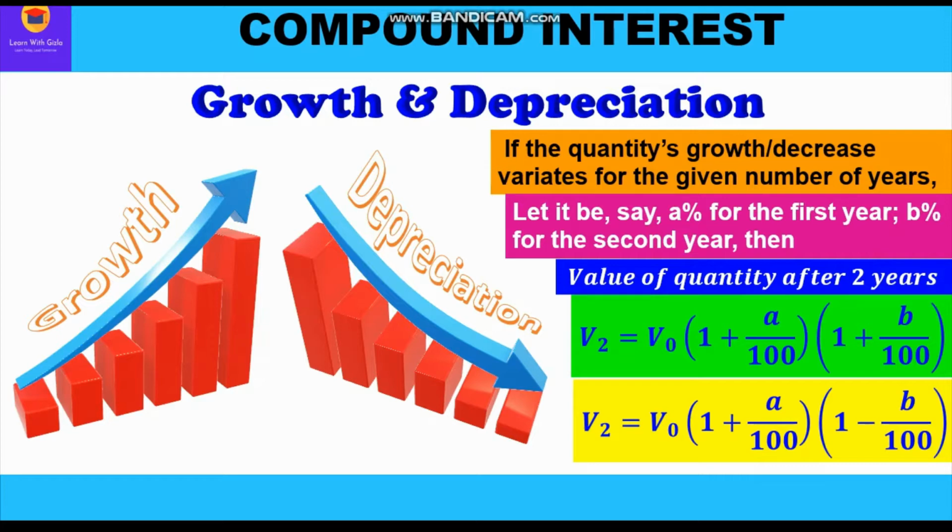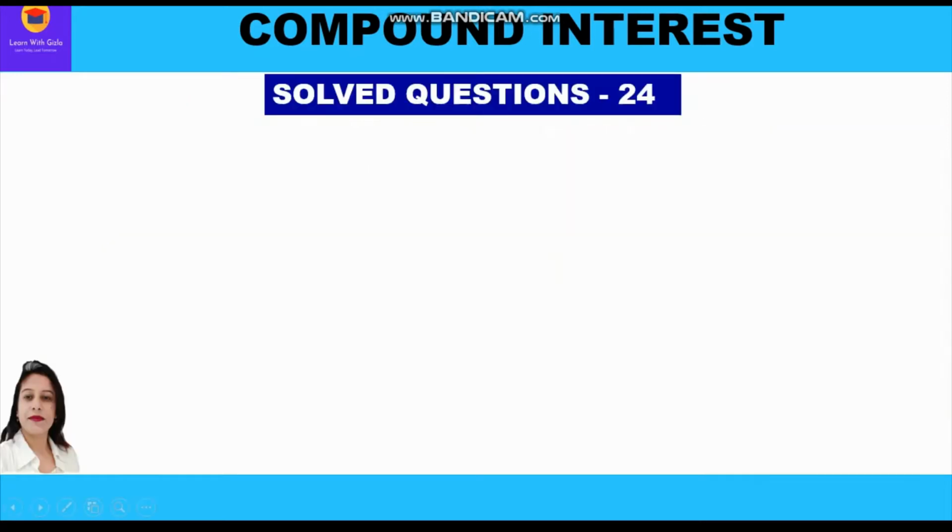V2 is the value after 2 years and V0 is the initial value. A and B are the rate of growth or rate of decrease, you can say. So basically you have to understand that in case of growth or increase, we use plus sign, and in case of decrease or depreciation, we use minus sign.